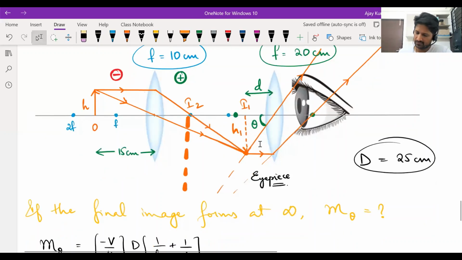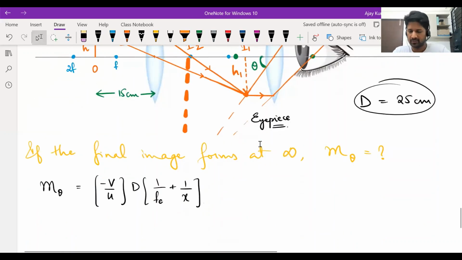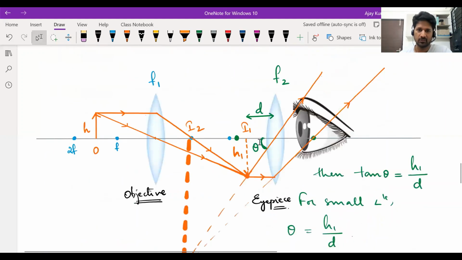So you look at the formula for magnification produced by the compound microscope. In this formula, what do you already know from the problem? We know V, which is infinity. In the formula, what does V mean? Okay, that's why the ray diagram is very important.